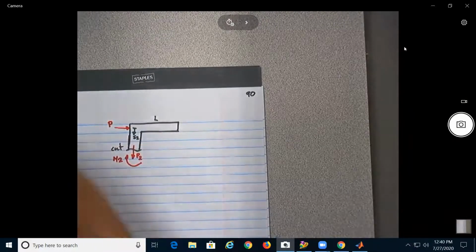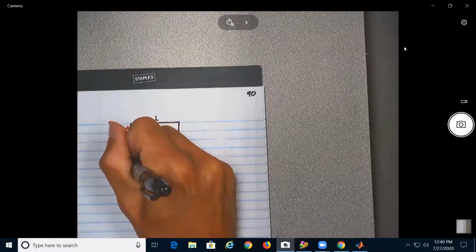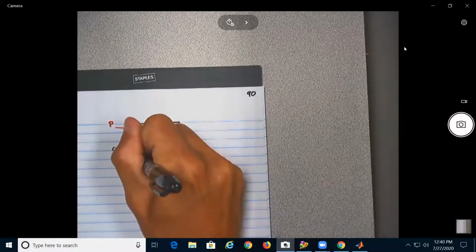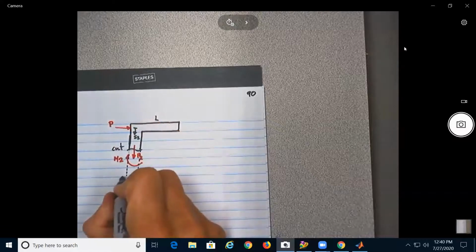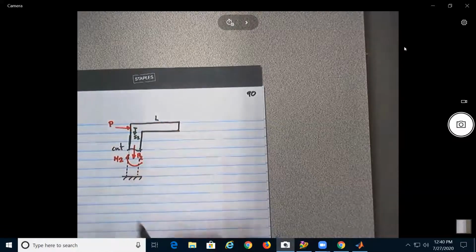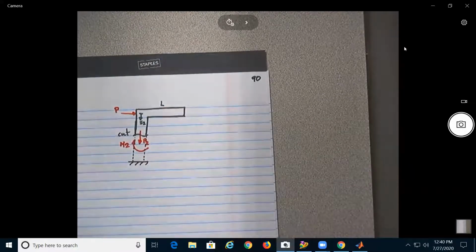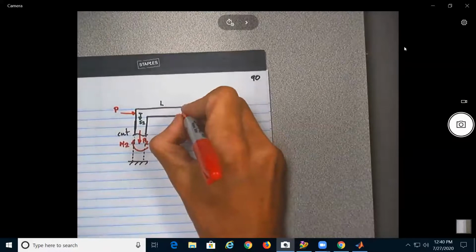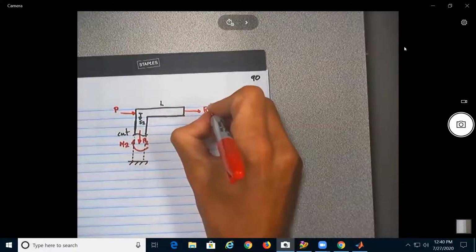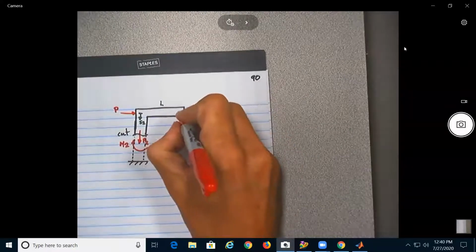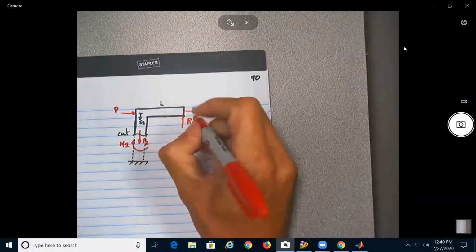And cut 2. Okay, this should be actually vertical, okay? And let's not forget here we're gonna have R1X, R1Y.